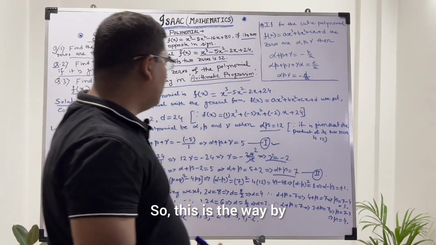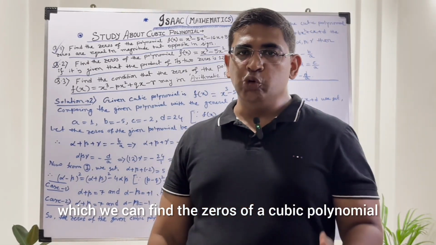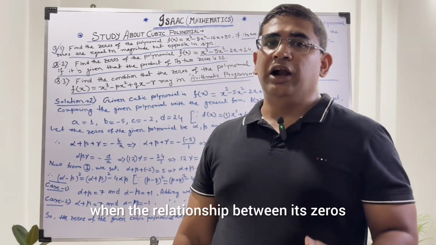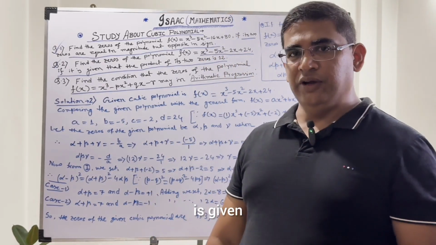So this is the way by which we can find the zeros of a cubic polynomial when the relationship between its zeros is given.